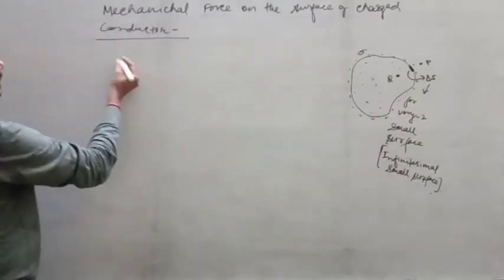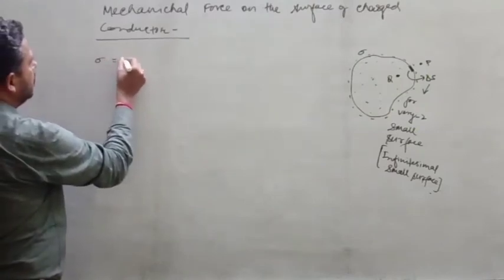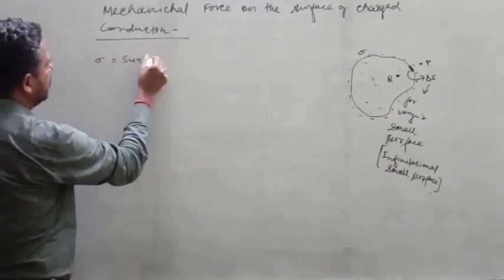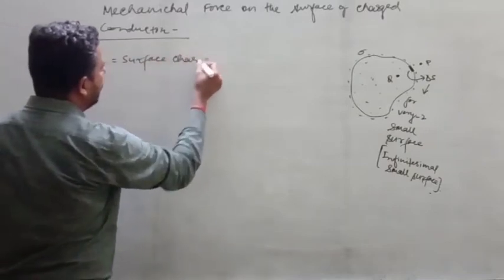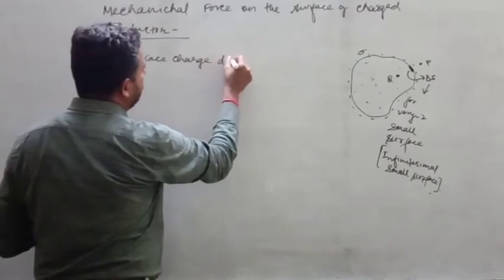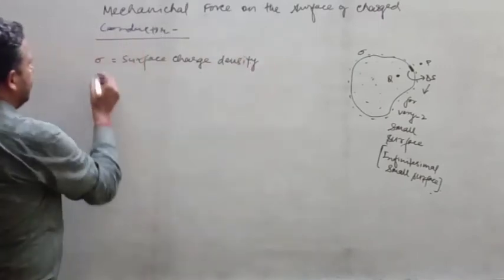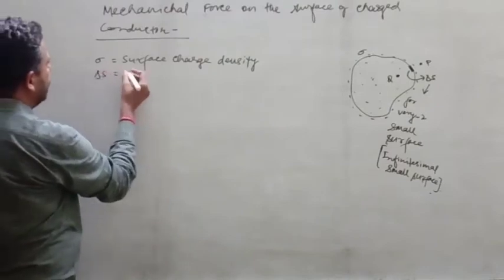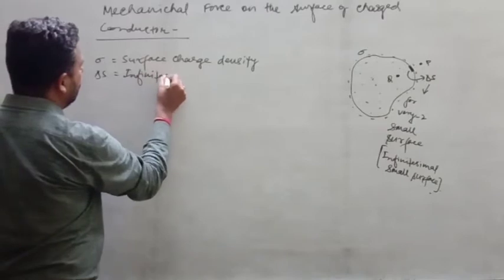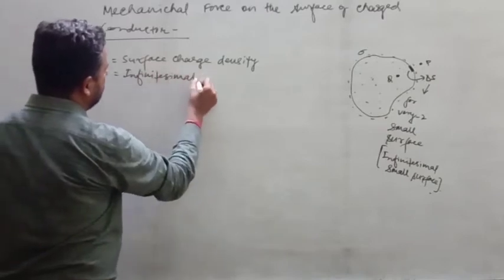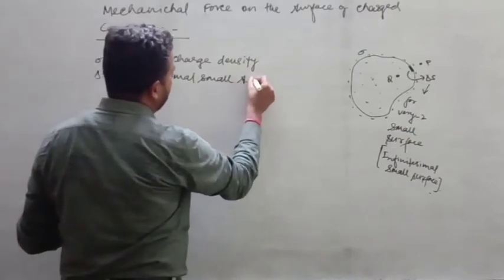So write down that sigma is the surface charge density and delta S is the infinitesimal small surface area.